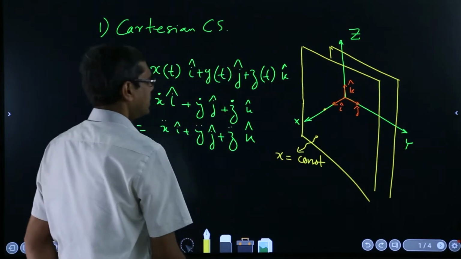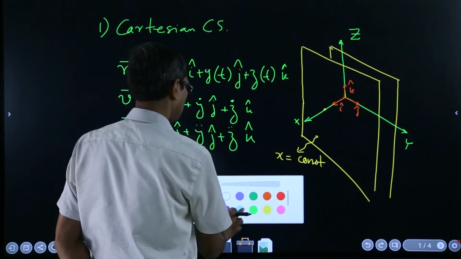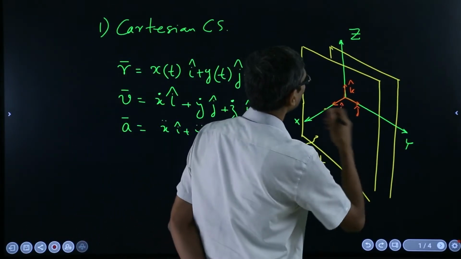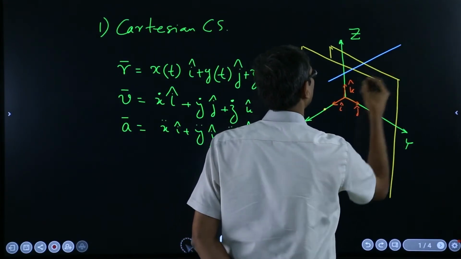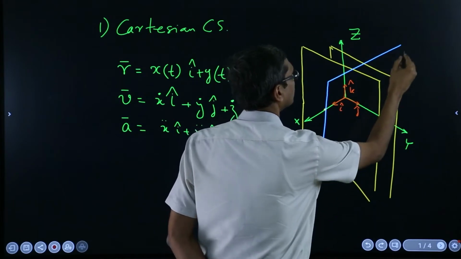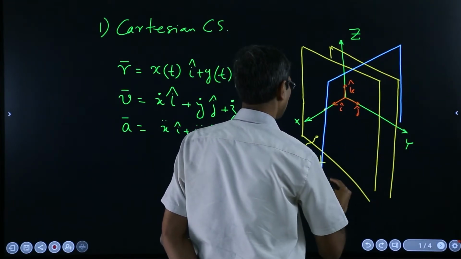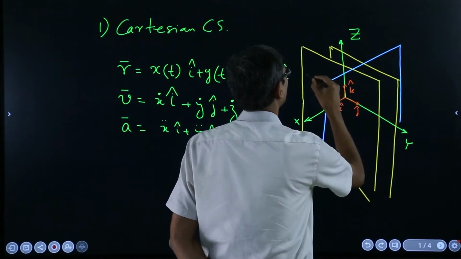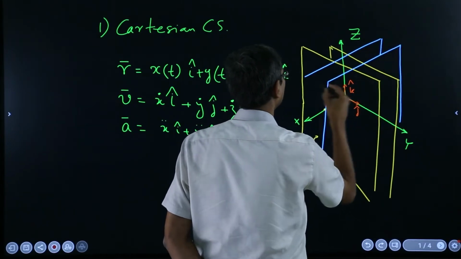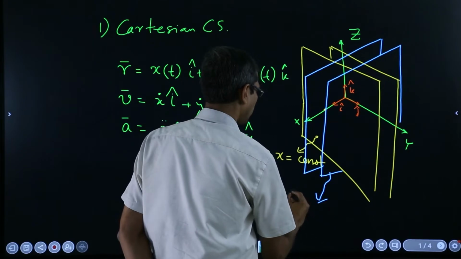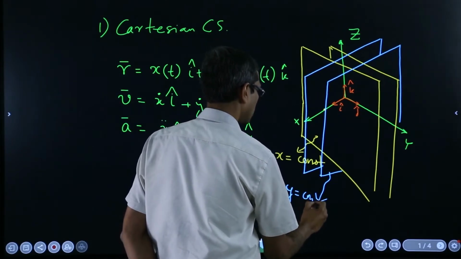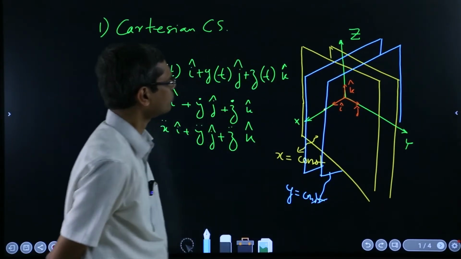surfaces. Similarly, if I would like to plot y equal to constant surfaces, they will look something like this. Okay, and similarly, I can put one more surface here. So these are y equal to constant surfaces.